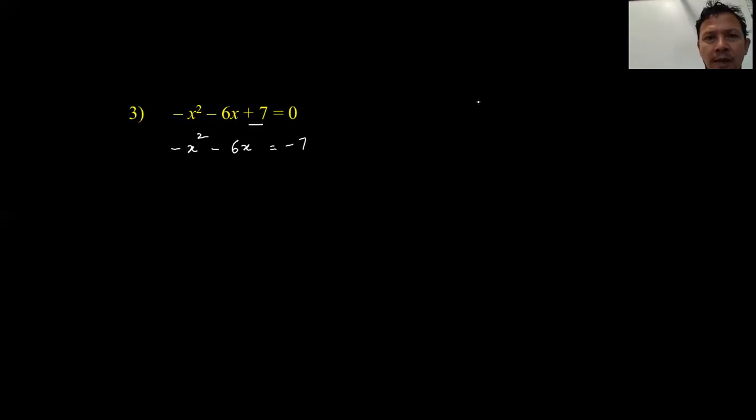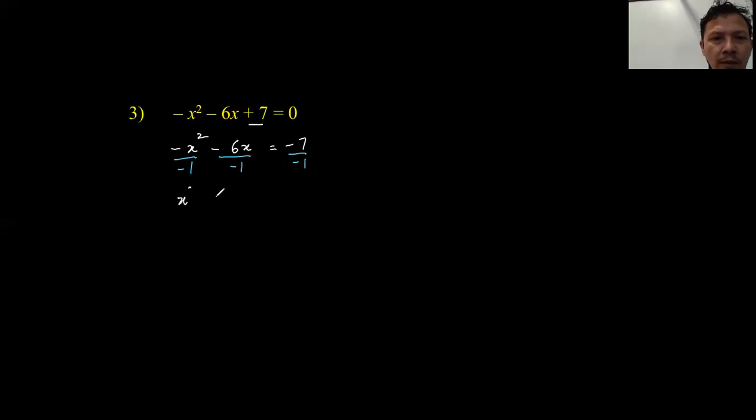In order to do that, I need to divide all the terms by negative 1. So when dividing by negative 1, the sign changes. Or you can follow the same rule that you've learned, like negative divided by negative is positive.